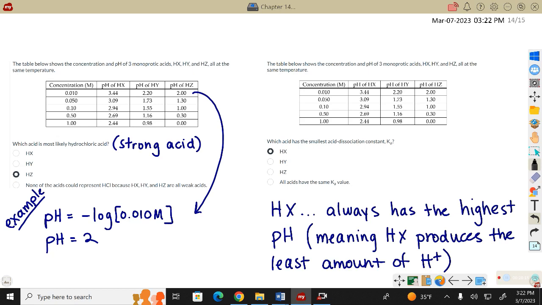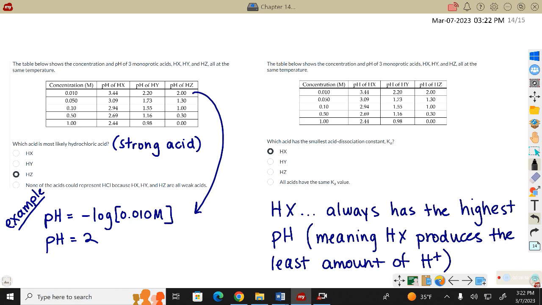I looked at the concentrations versus the pH values and found that, for example, if I take the opposite log of 0.01, I get a pH of 2. Or if I take the opposite log of 0.1, I get a pH of 1. And so that HZ must have been a strong acid that fully ionized.